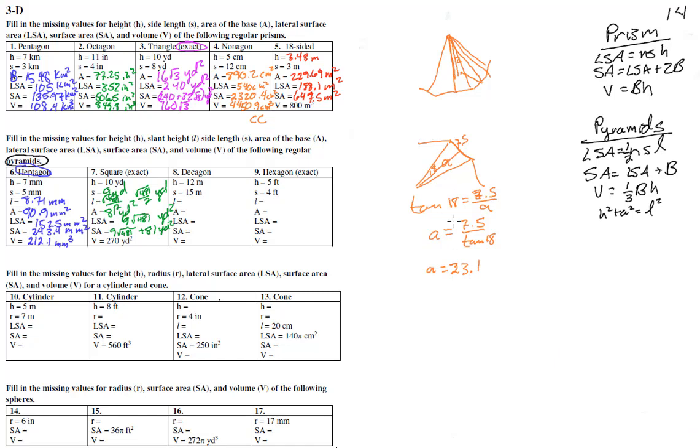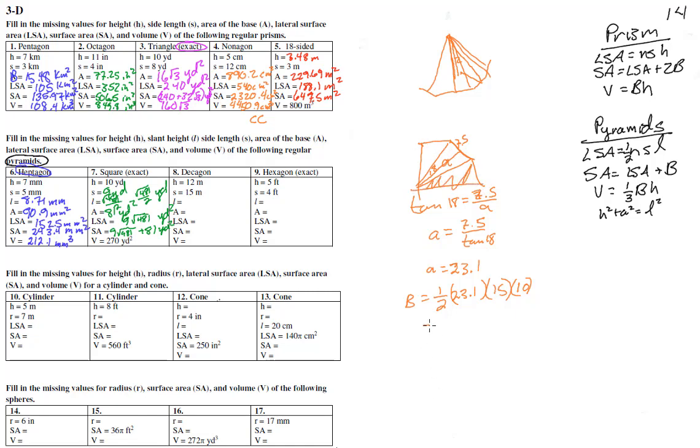So to get the area of the base, we're going to take 1/2 times the apothem, 23.1, times the side length, which is 15, times the number of sides, which is 10, those number of triangles that we have in the base, like this. We got 1, 2, 3, 4, 5, 6, 7, 8, 9, 10 of them.